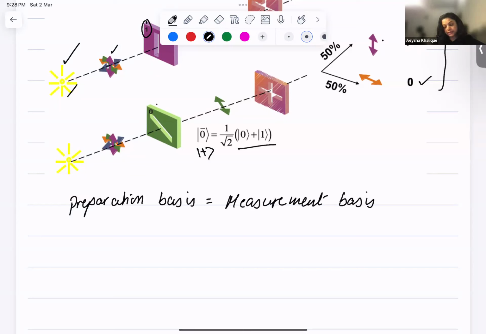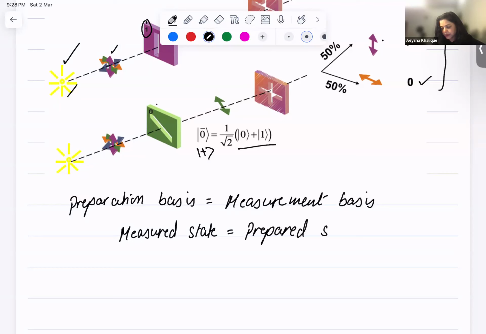Your measured state, and in fact the measurement bit value that you get, is the same as the prepared state.